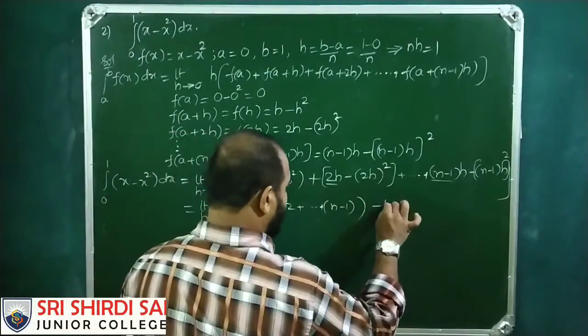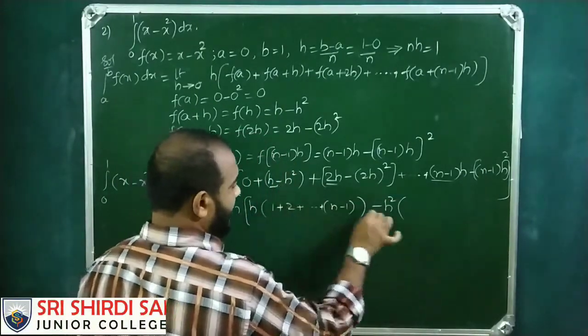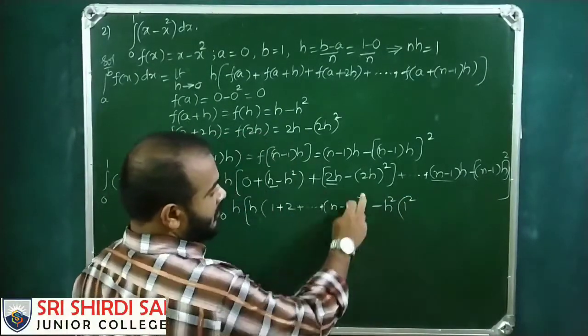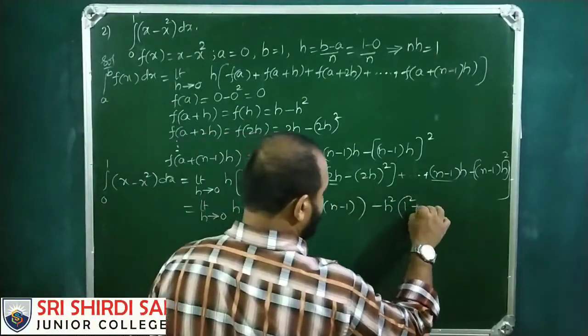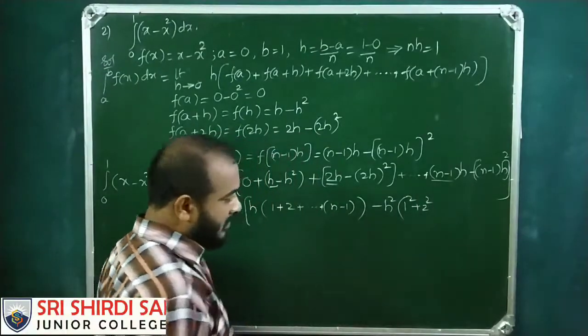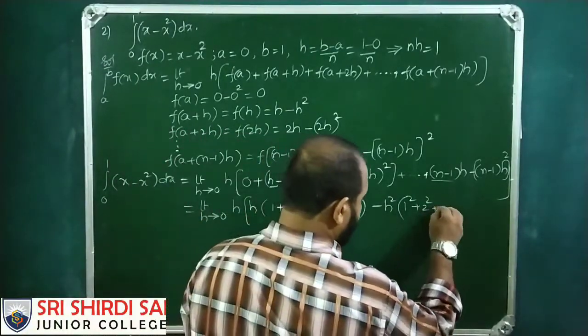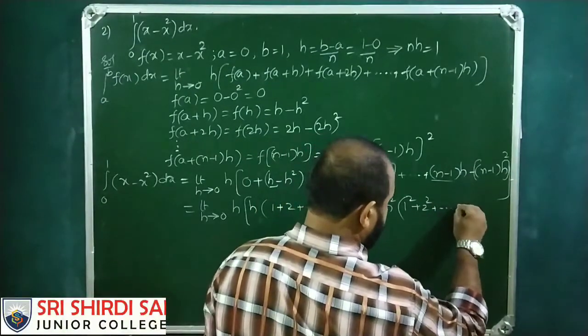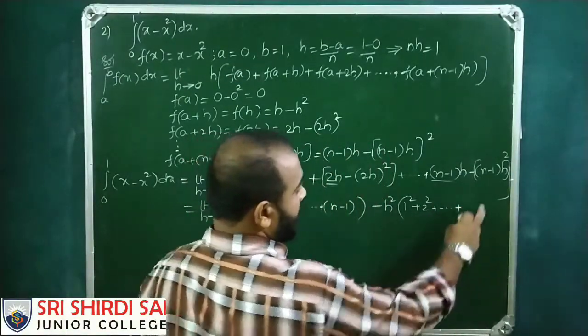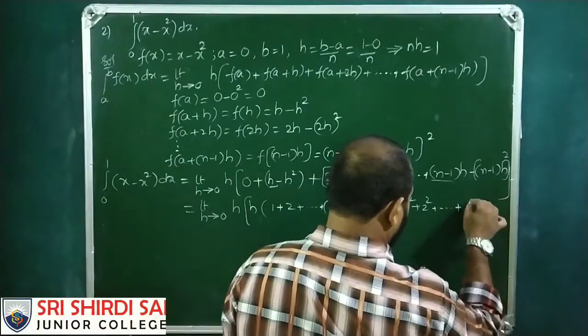So h square if I take common, then 1 square, 2 square, the next term would be 3 square, etc. Since minus is taken common, plus (n minus 1) whole square].